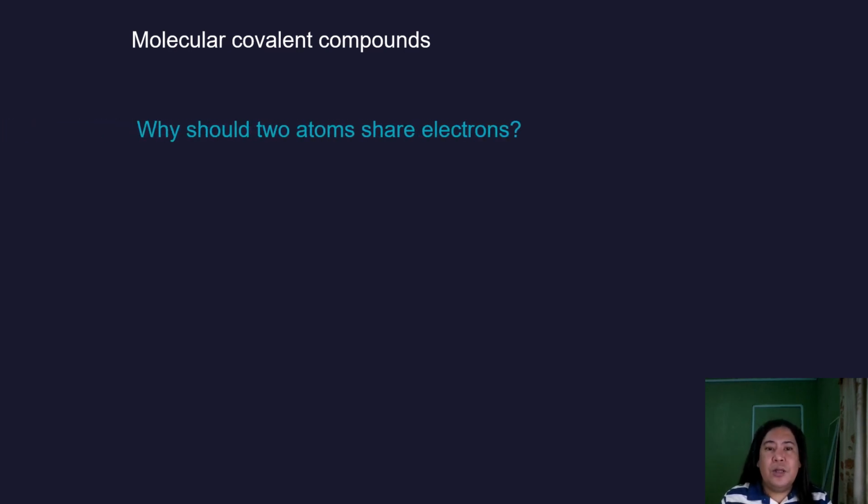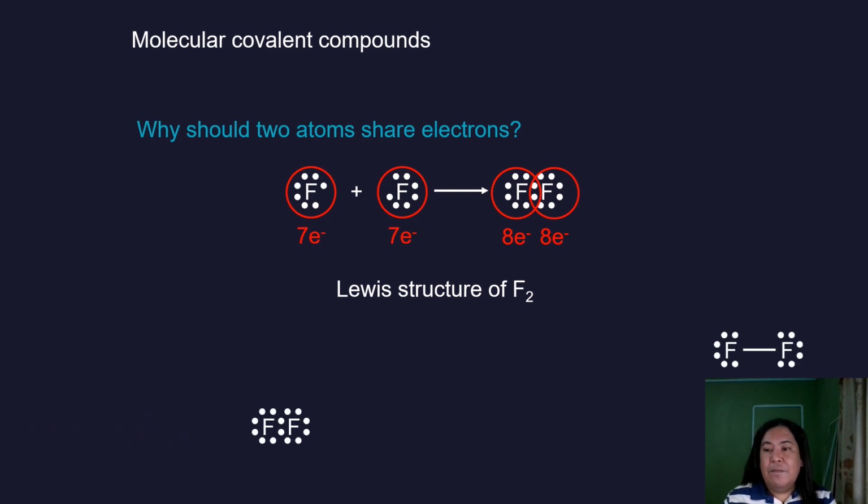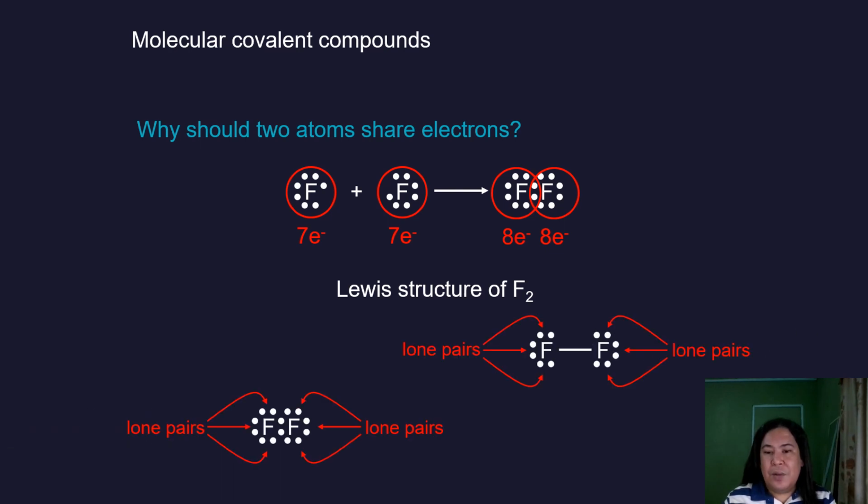So why should 2 atoms share electrons? Take fluorine, which has 7 valence electrons. Instead of using this Lewis symbol with 7 electrons, it becomes 8 because they share. The Lewis structure for fluorine gas becomes that one.